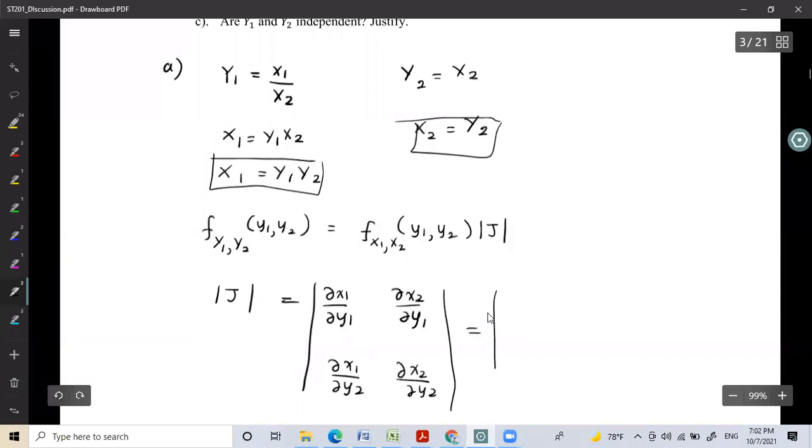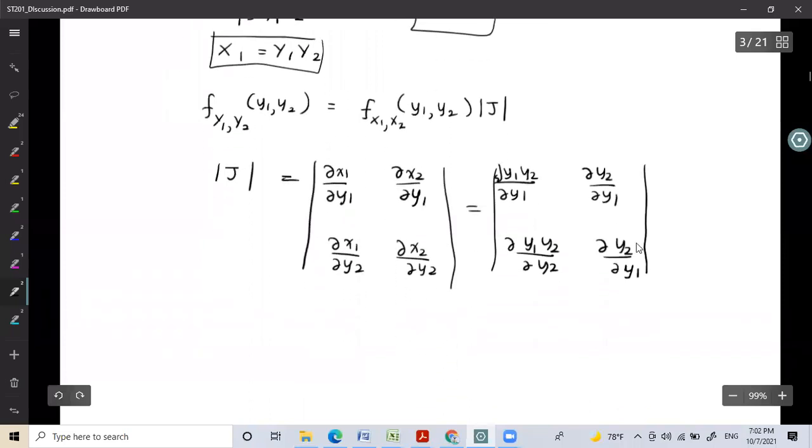Okay, so let's find it. What is X1? Y1 Y2, del by del Y1. X2 is Y2, del by del Y1. Again, X1 is Y1 Y2, del by del Y2. X2 is Y2, del by del Y2. So these are the partial derivatives. When you do the derivative with respect to Y1, Y2 is like a constant.